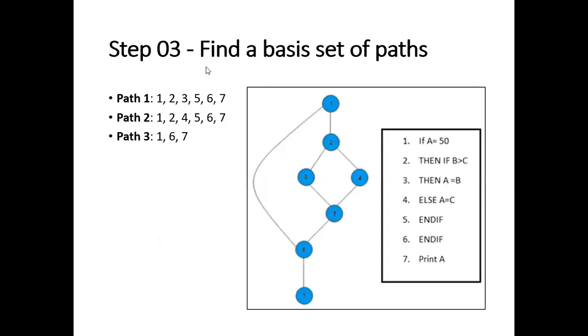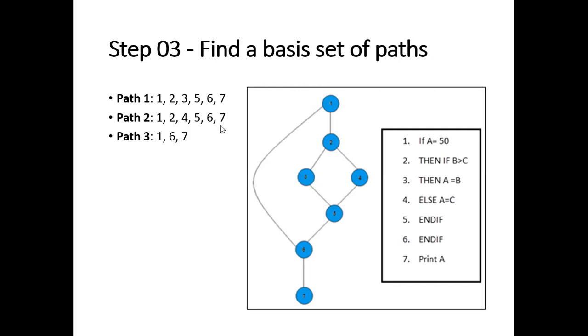I have shown you how we get the paths. So if I go 1, 2, 3, 5, 6, 7, it will be one path. Likewise, 1, 2, 4, 5, 6, 7 and 1, 6, 7 will be my other paths.